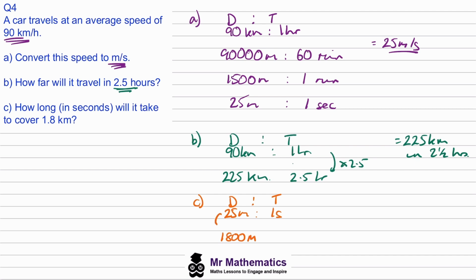So if I multiply it by 4, I get 100 meters. And then if I multiply it by 18, I get the 1,800. And this will give us 72 seconds. So we'll say 72 seconds to cover 1.8 kilometers.